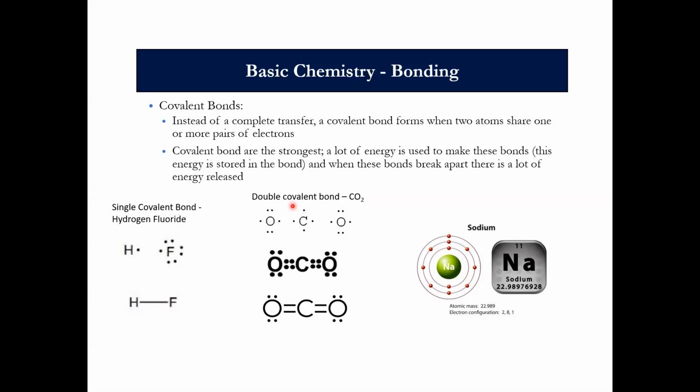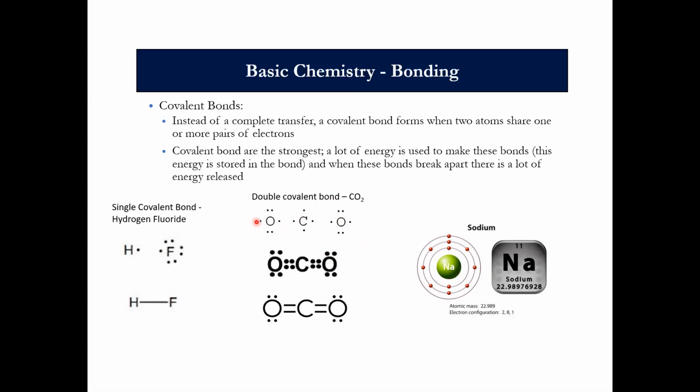Here's an example of a double covalent bond. Here we have 2 oxygens and a carbon in the center. These electrons are basically reformatted.